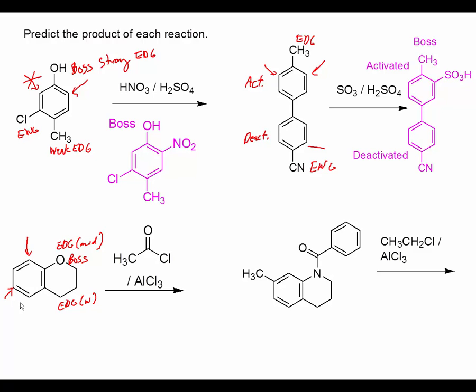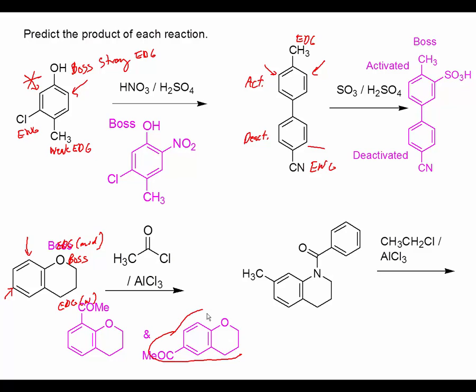Okay, and this Friedel-Crafts acylation is thus predicted to afford these compounds, either of these two. There may not be that much selectivity, probably a little bit more of this one here for steric reasons, but there should be a significant amount of both of them.